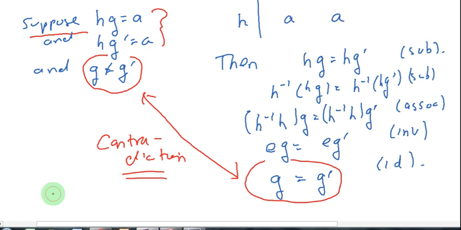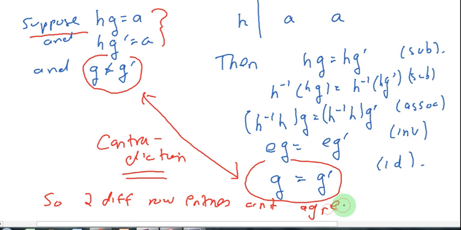Two different row entries can't agree. And the column proof is very, very similar. You just turn this picture on its side and run through the same argument. You'd be multiplying by H's on the right-hand side instead of on the left. So again, this is going to be a key fact in our analysis of Cayley tables.